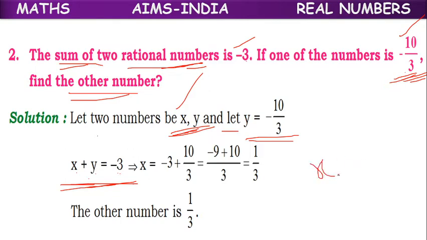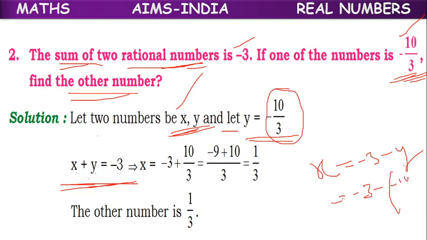So then what about x? Plus y will go to that side, it will become minus y. Means minus 3 minus, what is the value of y? Minus 10 by 3. So here minus into minus is plus.